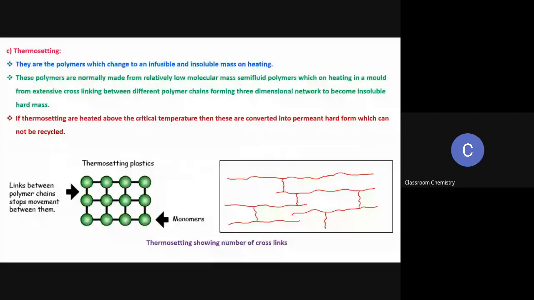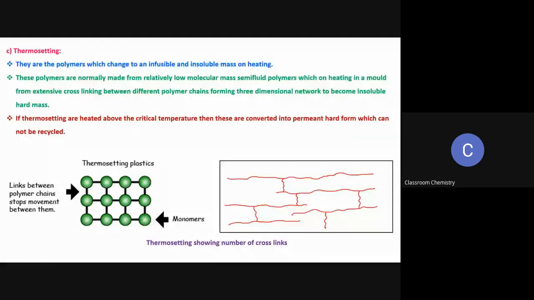So these polymers are normally made from relatively low molecular mass semi-fluids, which on heating in a mold form extensive cross-linking between different polymer chains, forming a three-dimensional network to become an insoluble hard mass. Okay, so whatever chains are present in the thermosetting polymer are cross-linked with each other, and that's why they form what? A three-dimensional network, and that's why it is infusible or insoluble.